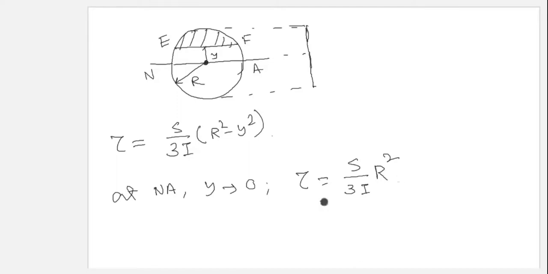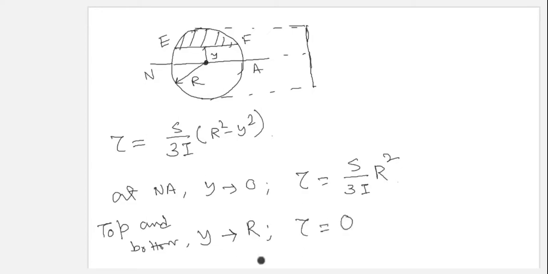And what is the value of y at this extreme point, at this top level? R. Yes, R. So top and bottom, because here also y becomes R, tau will be 0.